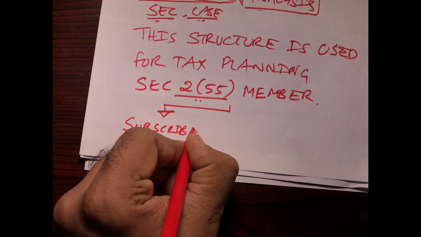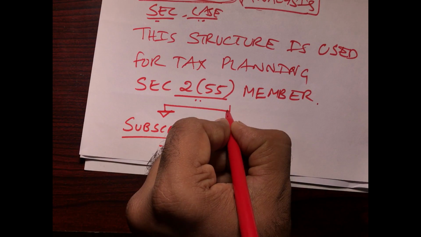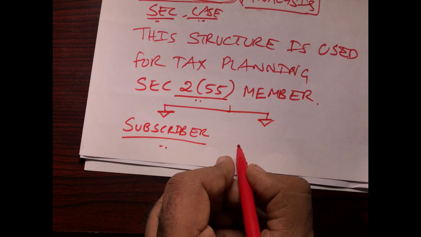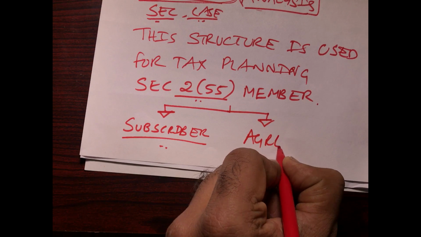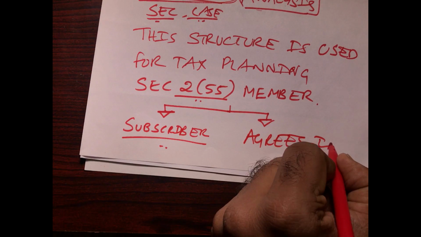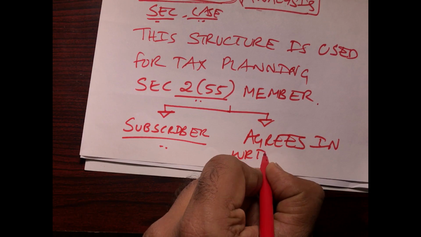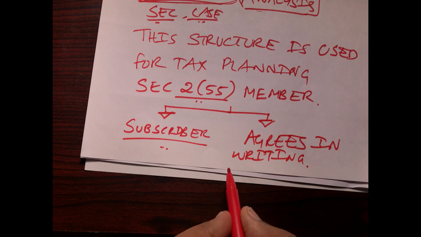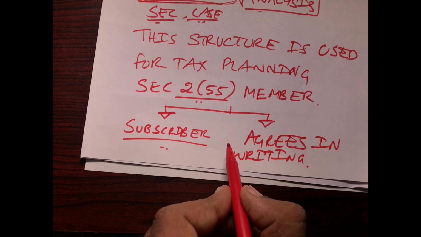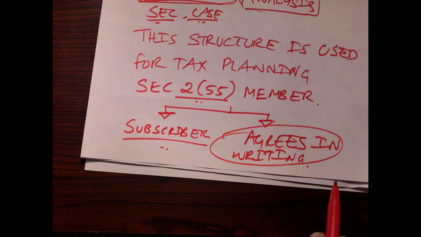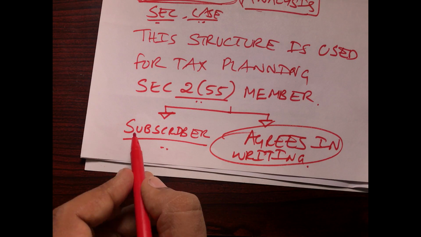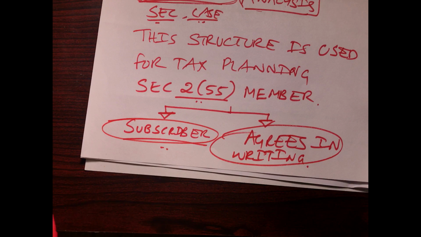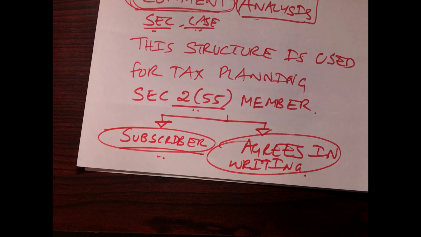A subscriber to the memorandum can become a member. Then who else can become a member? Any person who agrees in writing to become a member. So here we can say that an LLP can agree to become a member in writing. Even an LLP can obviously be a subscriber. So they are trying to test even section 2 subsection 55 with you.